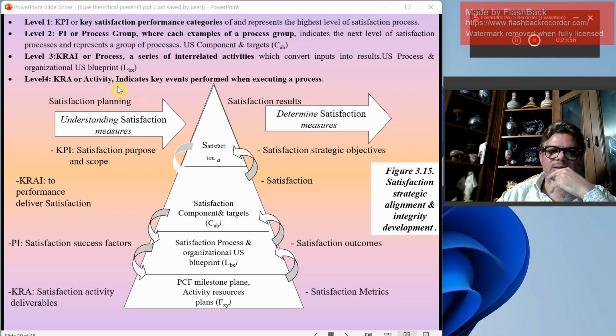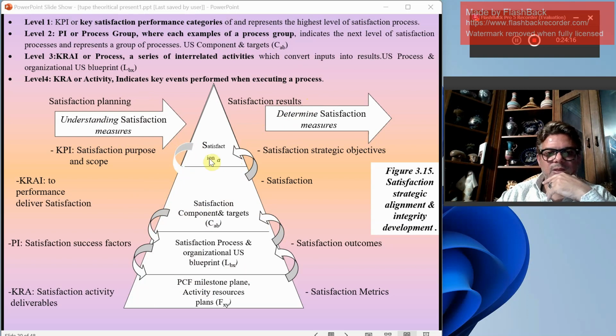Okay, we said the plan and strategy, but this is the strategy results. It's not the strategy. The strategy is these arrows, or the relation between each level.